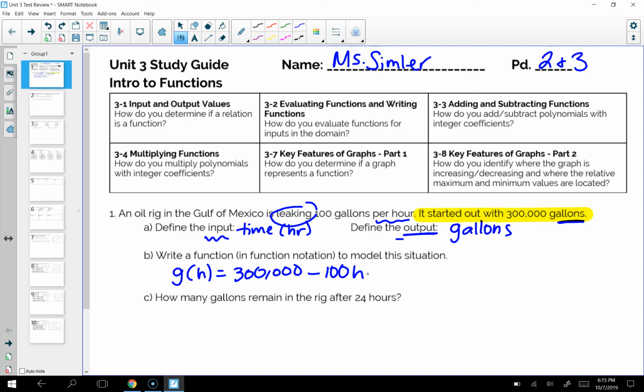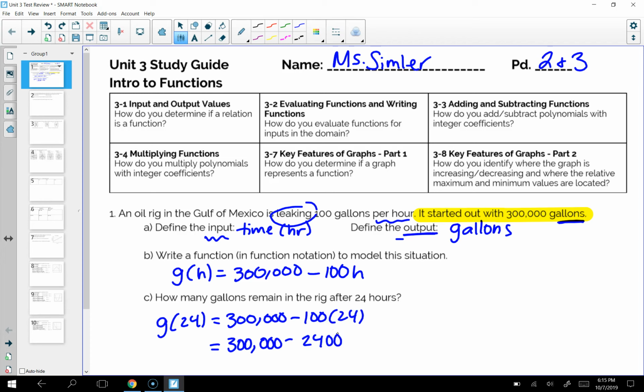All right, so gallons after 24 hours equals 300,000 minus 100 times 24. All right, so 100 times 24 is 2,400.